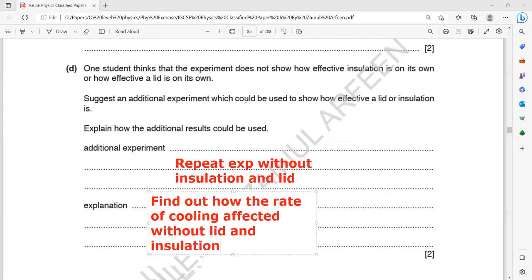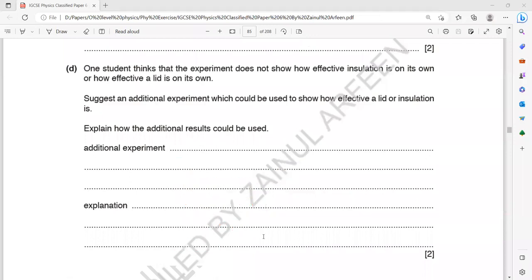So there should be one more experiment in which we will not have a lid and will not have an insulation, and we will compare that. Or you can also mention doing another experiment with lid and with insulation, both of them, to have a fair comparison. Is it clear, the last question? Yes, sir.